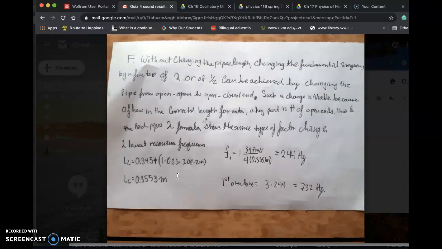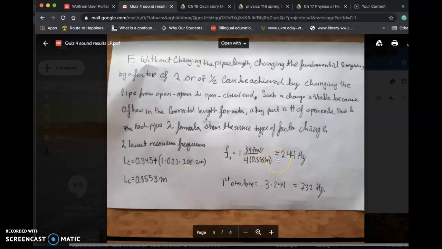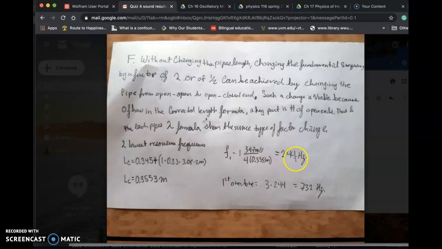In order to get this, we apply the first frequency for an open-closed pipe, and we find that the fundamental for this is 244.44 hertz. And then for the first overtone, which is roughly 3 times that, you get 732 hertz. And this can be seen with a clarinet or oboe. It's a very real-world problem that you can solve for.